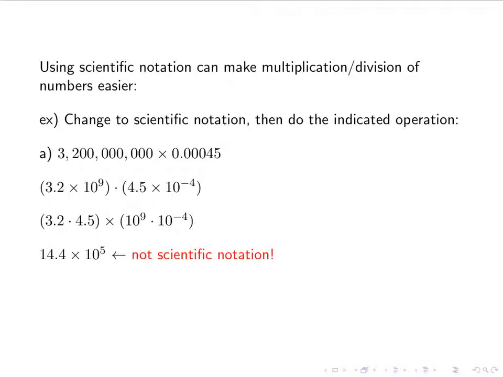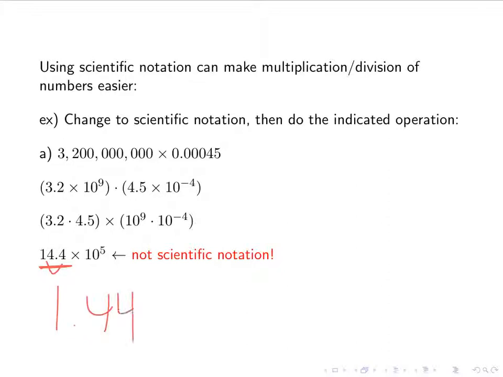However, this is not in scientific notation. 14.4 is not between 1 and 10. So to change that, I need to look at my 14.4 and say, what can I do to that decimal so that my number will be between 1 and 10? So I need to move it over to make it 1.44.